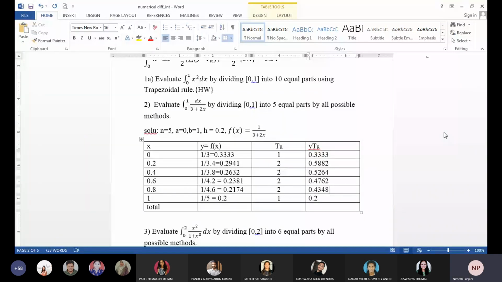I have done this without using a calculator, so just check the answers. If you add all of this, how much will it come? The sum is 2.5589. Is this what you are getting? Check.